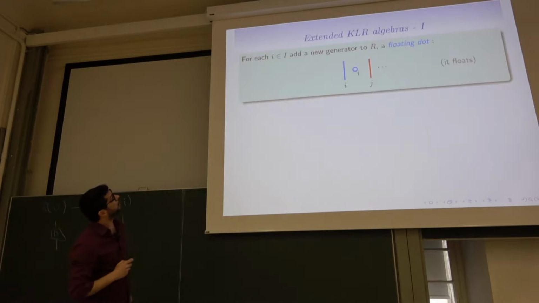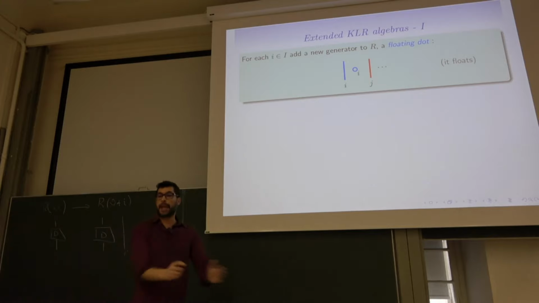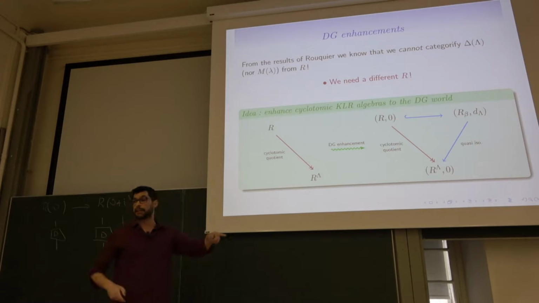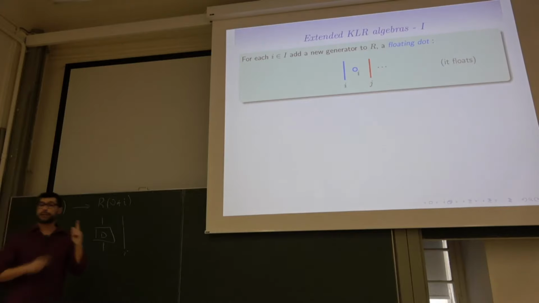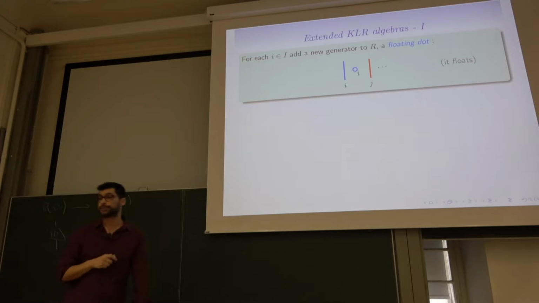Okay, so let me explain what the extended KLR algebras are. We start with KLR algebras, and you add structure. This is reasonable because we look for an inclusion of algebras. So we want to see the KLR algebra inside, so let's keep it as it is. It adds things. We add one generator for each node of your linking diagram. We call it a floating dot.